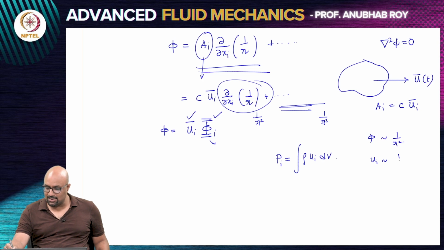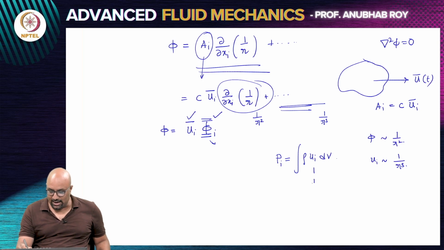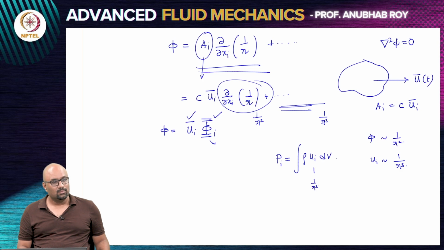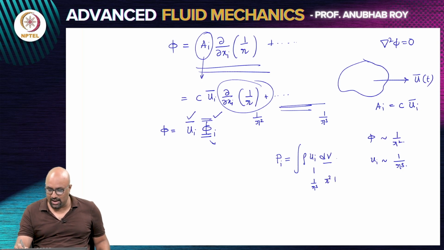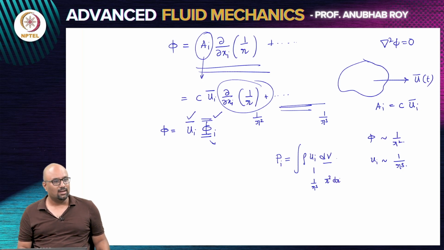So, it will decay as 1 over r cube. So, now in this integral, the integrand goes as 1 over r cube. How does dv go with r? dv will go as r square dr and the angle, right, which means this is an integral which is dr by r.